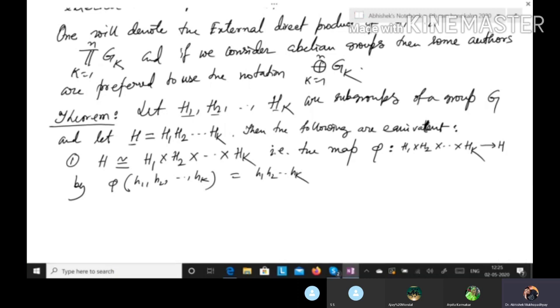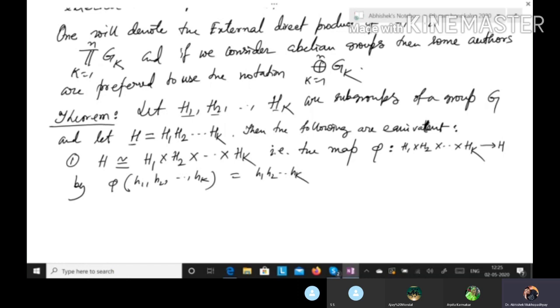So if you consider k number of subgroups H1, H2, Hk, then you may have this map phi from the external direct product of these groups towards H.